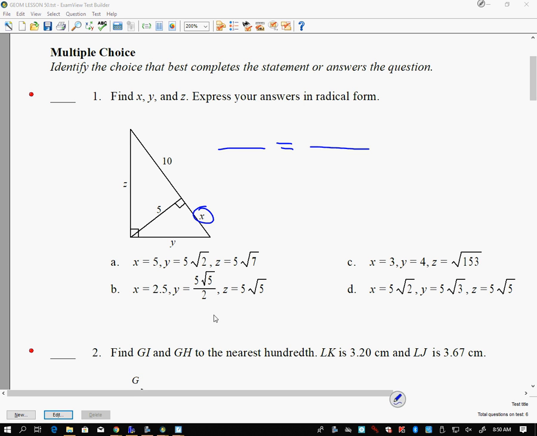Michael? 10 over 5, because what is the geometric mean for corollary 1? What are you using as the geometric mean in that corollary? No. The altitude. What's the altitude in this question? 5. So where does the geometric mean go?